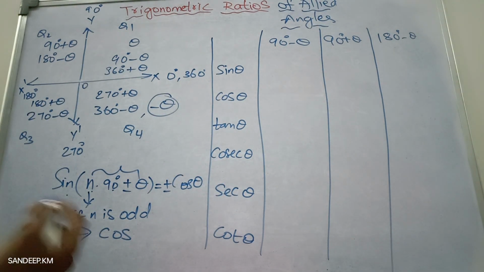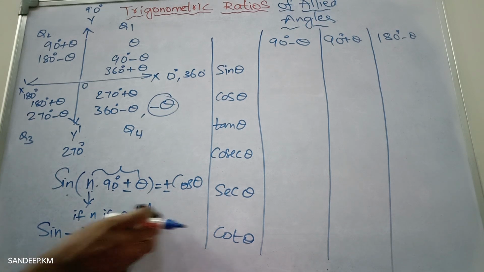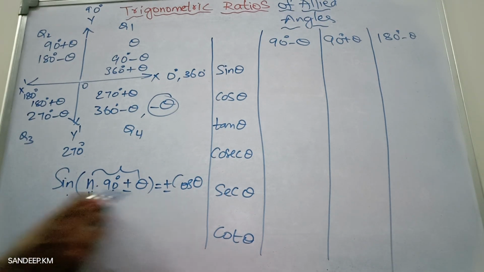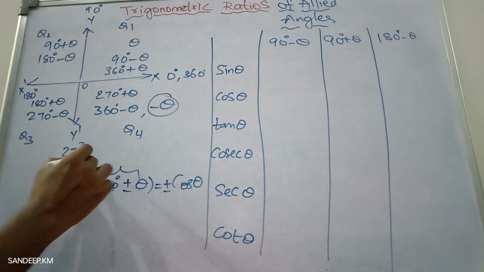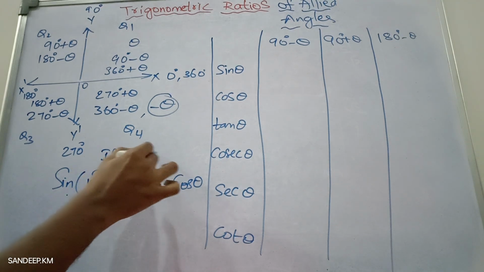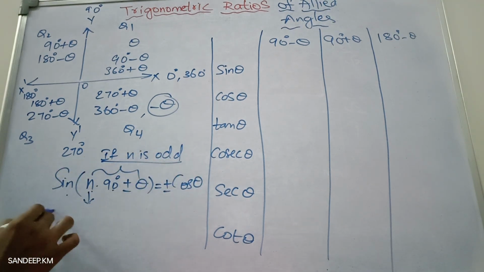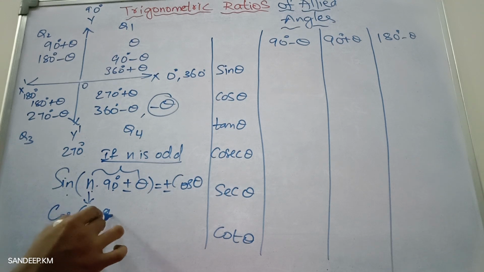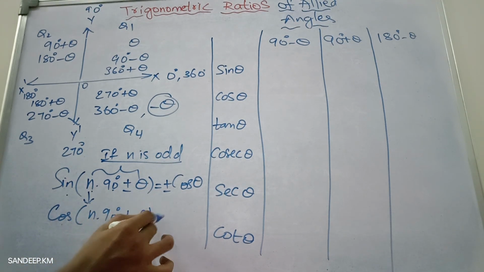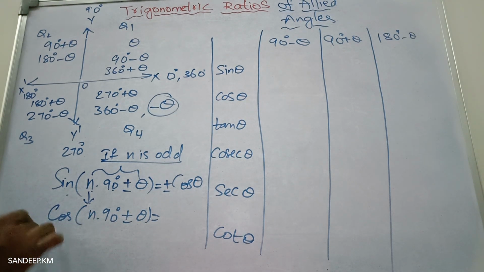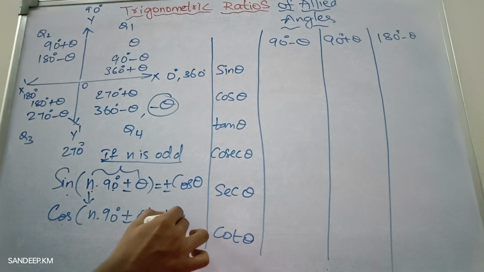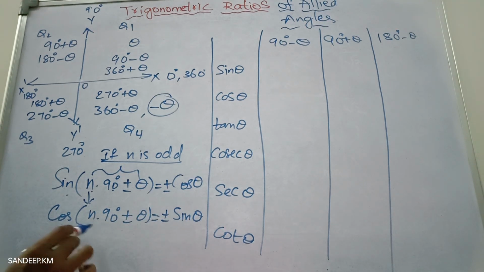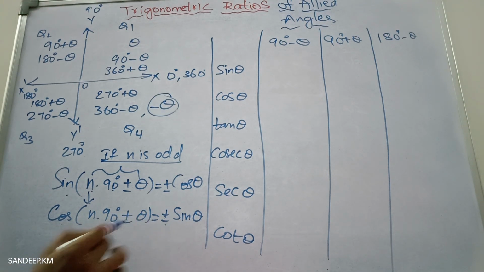Sine becomes cos. Similarly, cos becomes, if n is odd, please fix this: cos of n times 90 degrees plus or minus theta, where n is odd, means cos becomes sine. So plus or minus sine theta. We will take the plus or minus sign depending on the quadrant in which this angle lies.